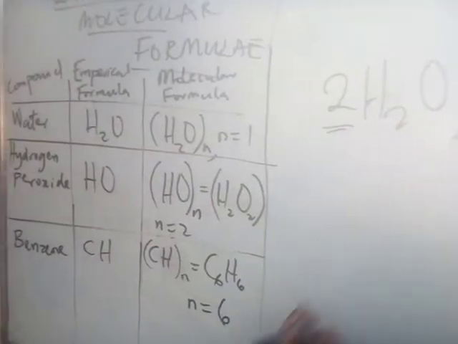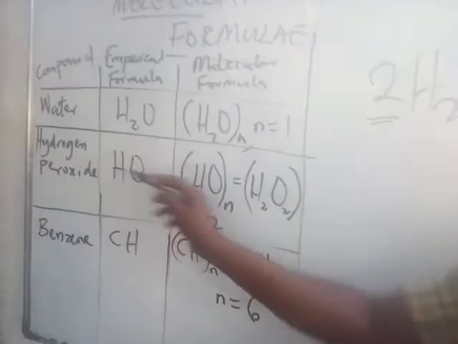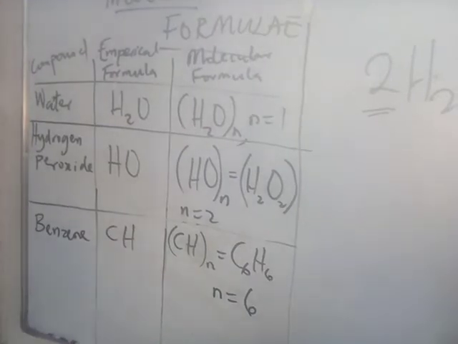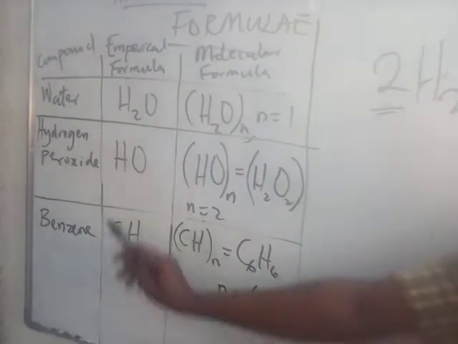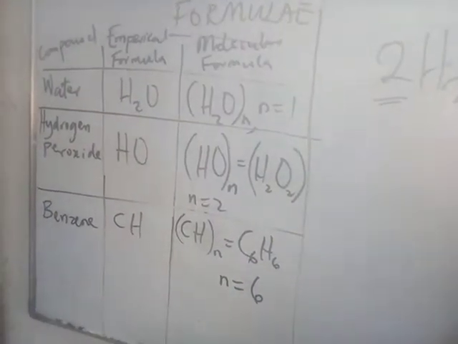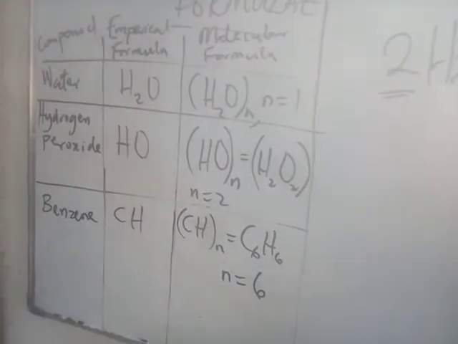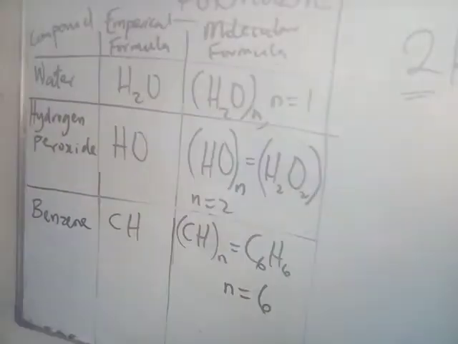In the same way, we have it for hydrogen peroxide, which is HO. The simplest ratio we can have to form the composition of hydrogen peroxide is 1 atom of hydrogen reacting with 1 atom of oxygen, which is HO.